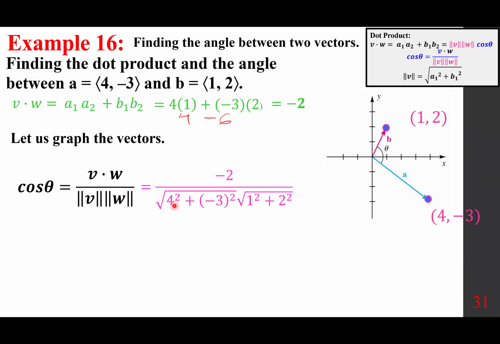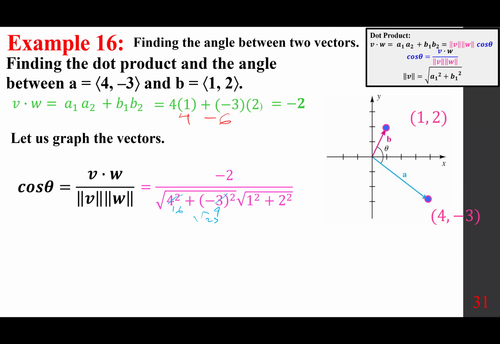So this one, 16 and 9, 25, let's write it. 16, 9, 25. This is 1 and 4, 5. 25 comes out, 5 remains.